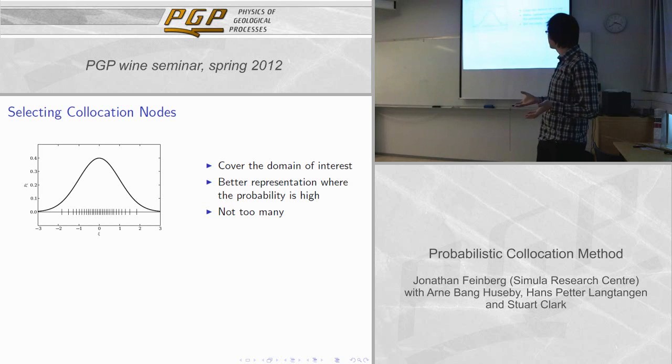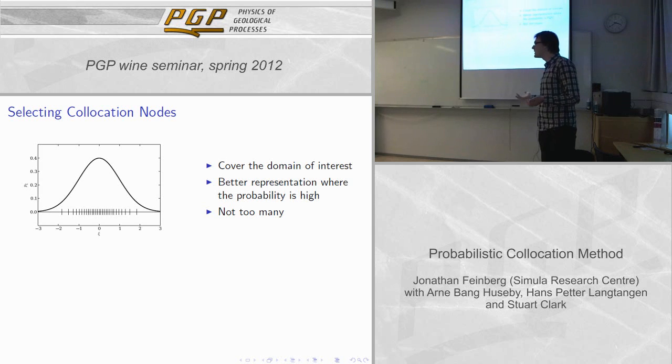On the other end, we also have a situation where basically we want to only represent the high probability, because low probability is basically equivalent with irrelevant. So we want to have a higher number of collocation where the probability is high.